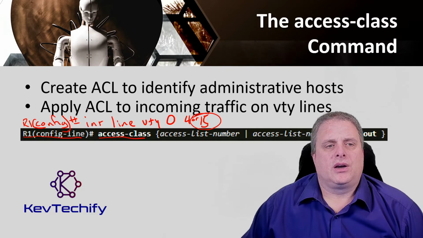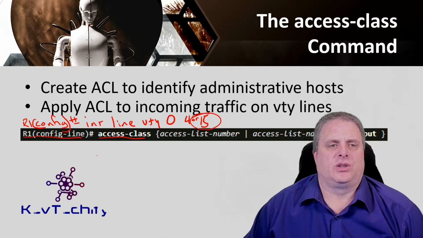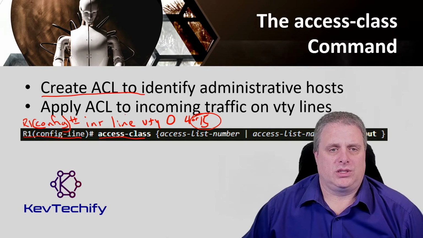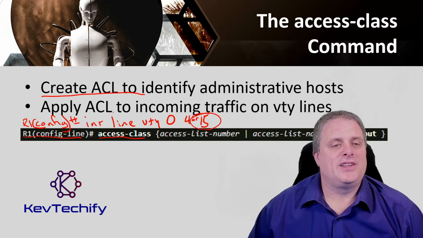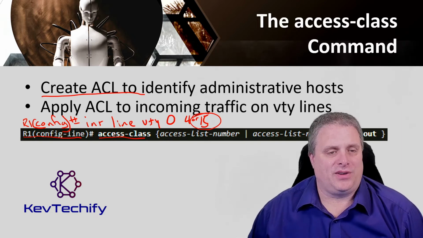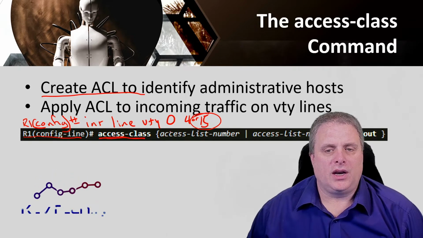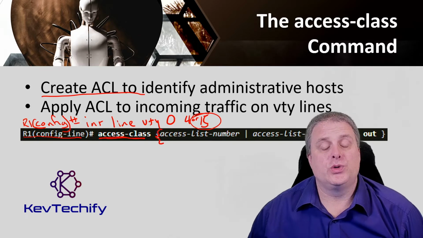What we do here is we create that access control list first. So we went through and created an access control list to identify what host we will allow in there. Then we go into the actual VTY line here, and we start off with access-class. From there, you need to choose one or the other.